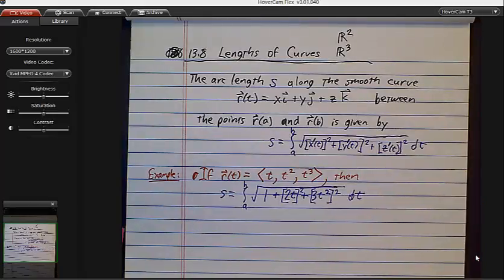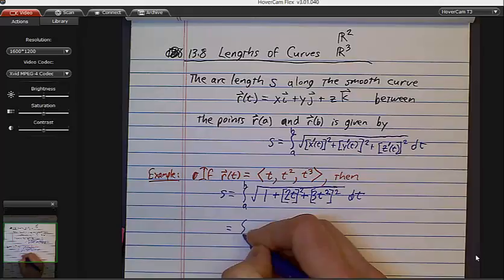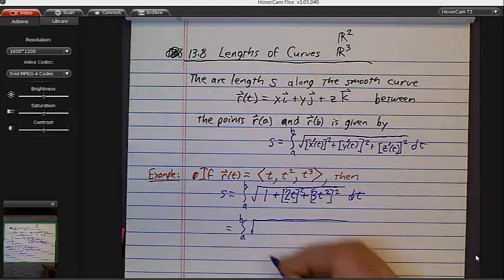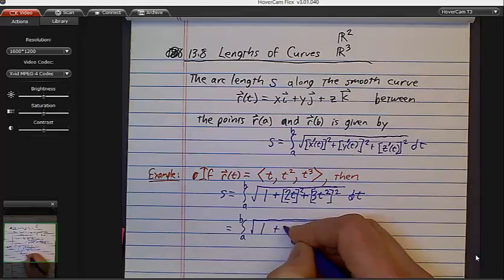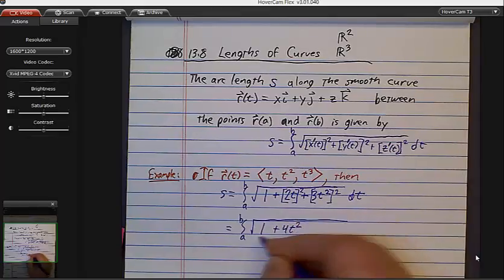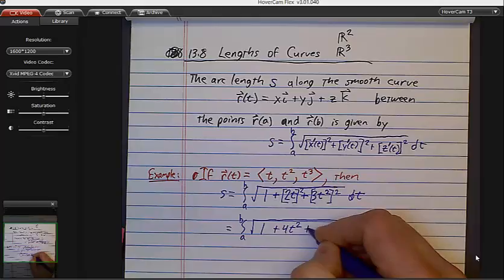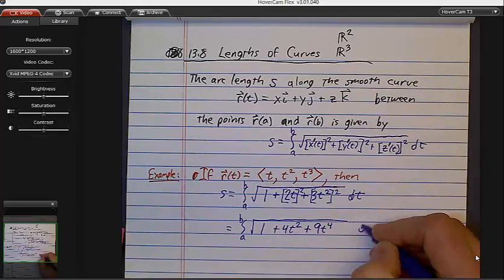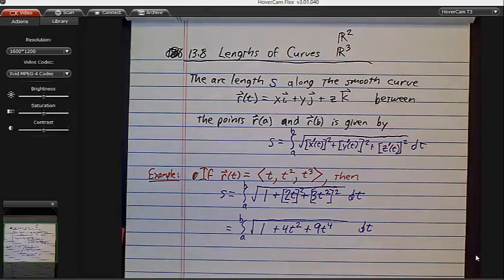Yeah. So what's that equal? That's the integral from A to B of the square root of 1 plus, like you said, 4t squared, and then plus 9t to the fourth, right? dt. Yeah. I took Calc 2. We didn't have to integrate that in Calc 2.